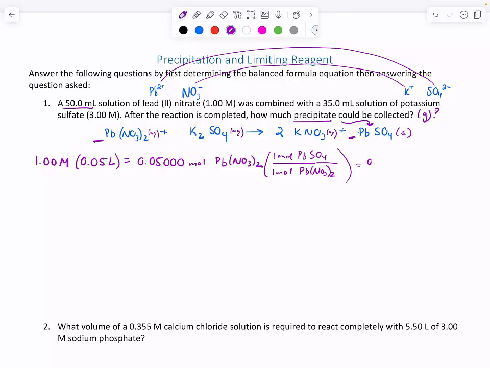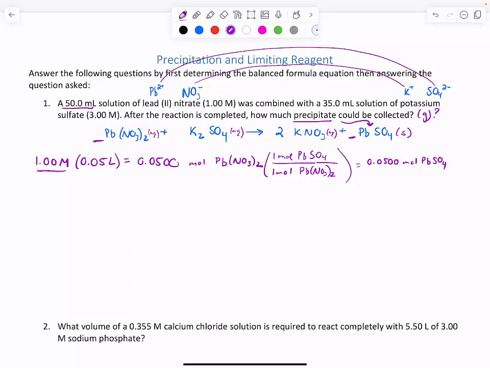And so if I do this reaction to completion, I'm going to end up with 0.0500. How many sig figs should I have? I should have 3. 0.0500 moles, that means I had 1 too many zeros there, of lead sulfate.